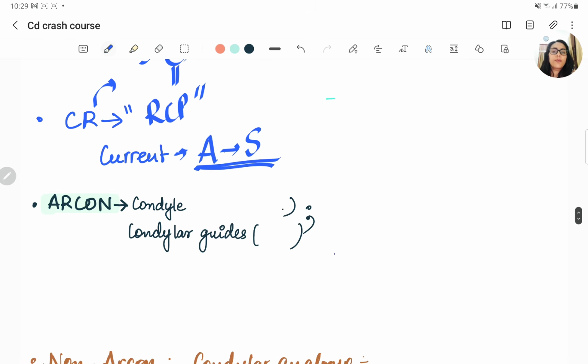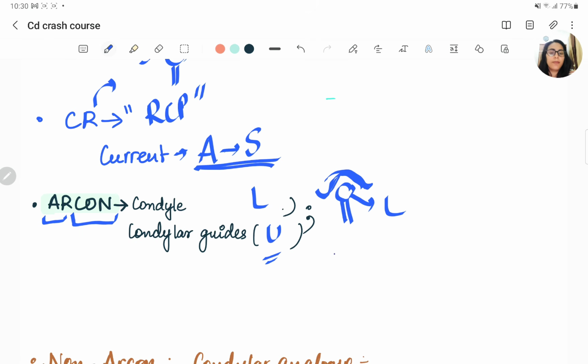So an arcon type of articulator means it is articulated like the normal condyle of the individual. So these are the condyles. They will be present in the lower member, and the condylar guide, which is basically a guide like the glenoid fossa, will be present in the upper member.